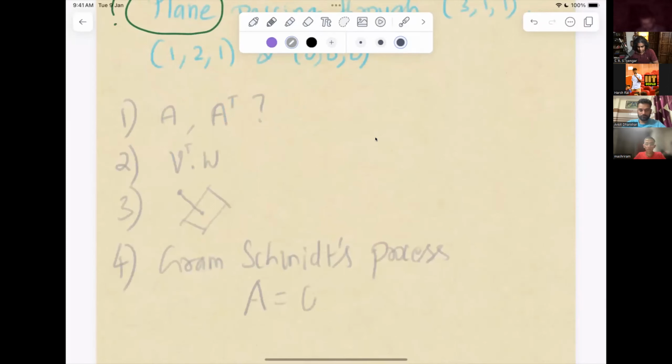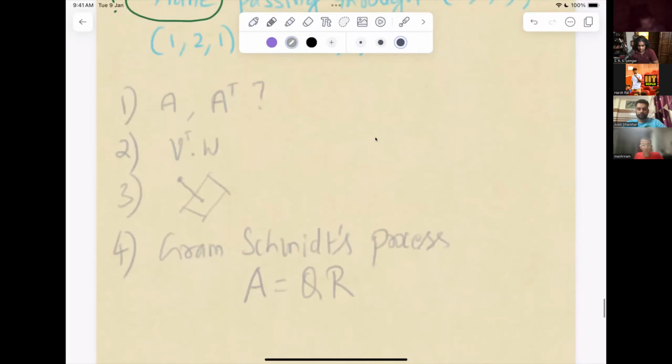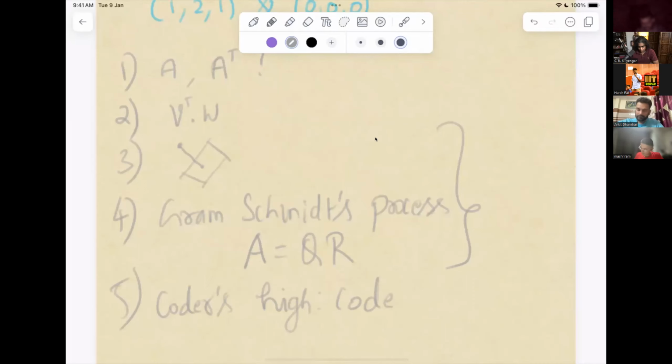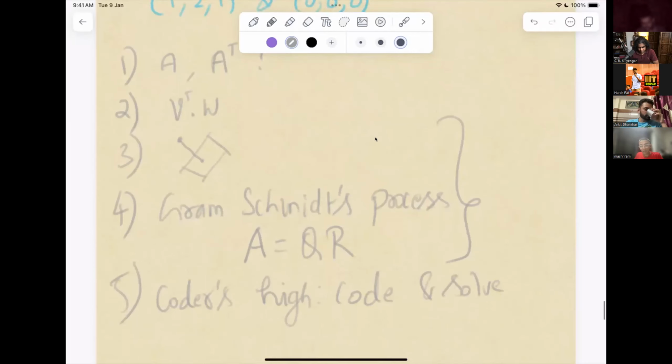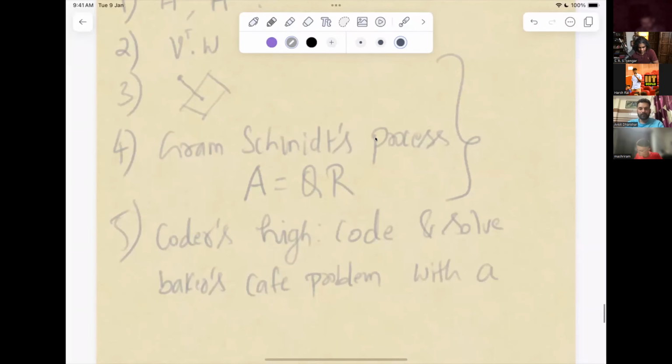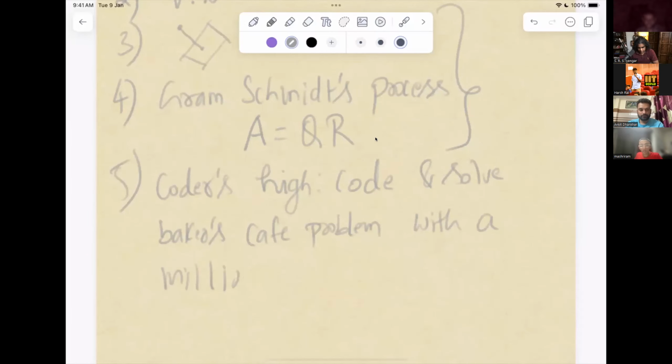And the encompassing factorization of A, which has been tempting you people for a long time, A equals QR, and the connection between this problem and this problem. And finally, what is a coder's high without some coding? Code and solve Baker's Cafe problem with a million equations and a million variables.